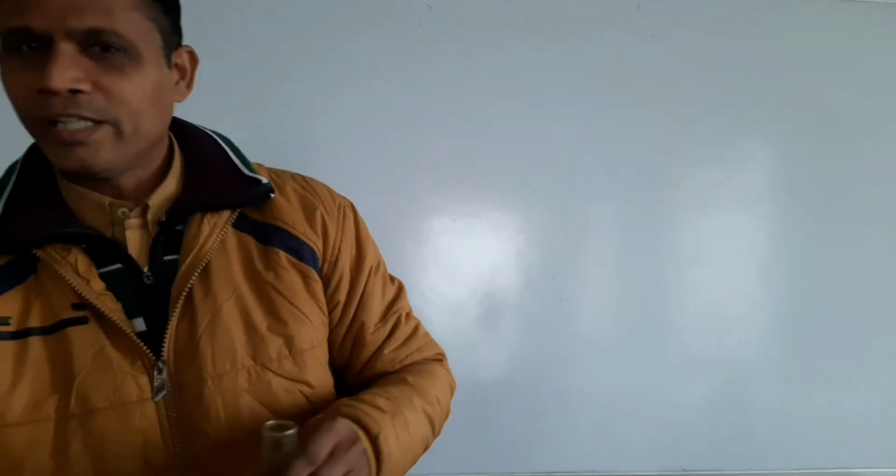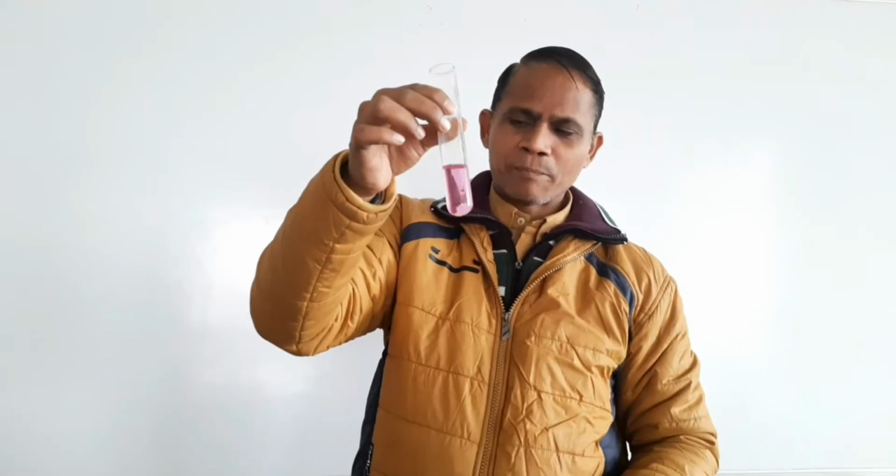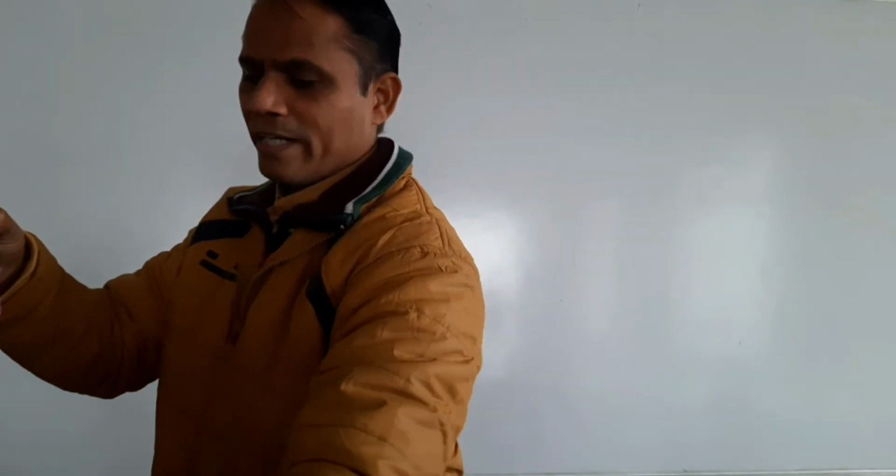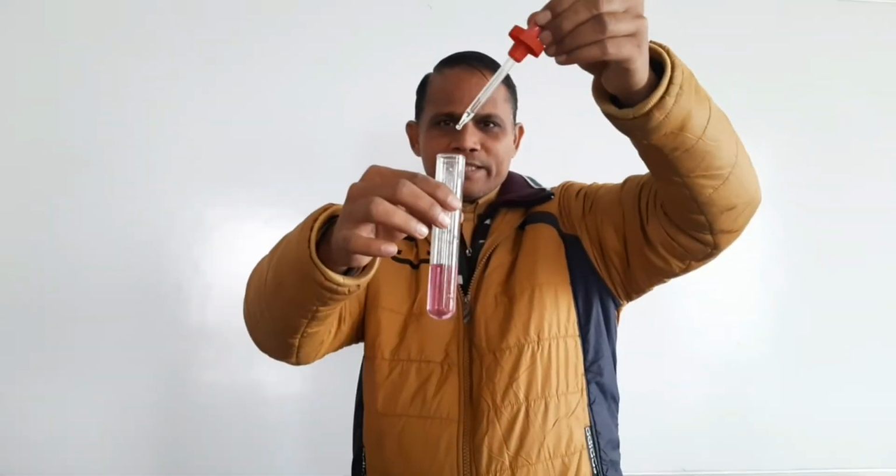So yes students, here I have this sodium hydroxide solution in which I have just put the phenolphthalein. Phenolphthalein is over there and the color you can see, this is the pink color. I will be using hydrochloric acid. Drop wise I will put hydrochloric acid. You can see over here, students.